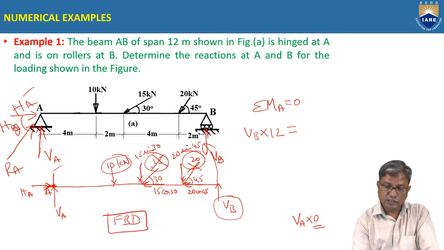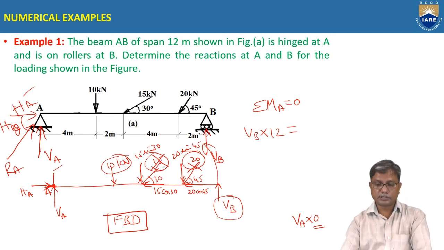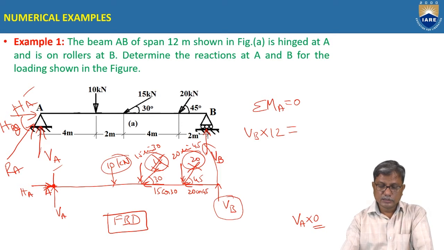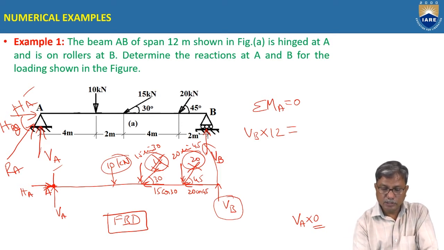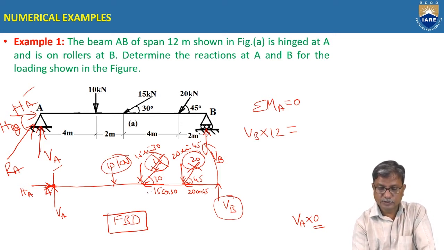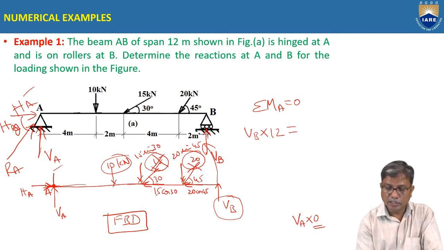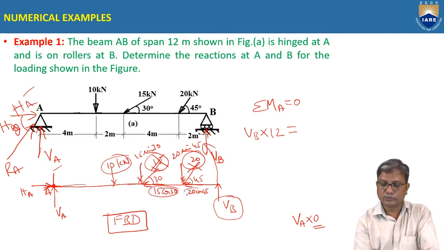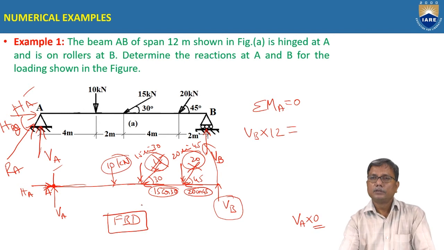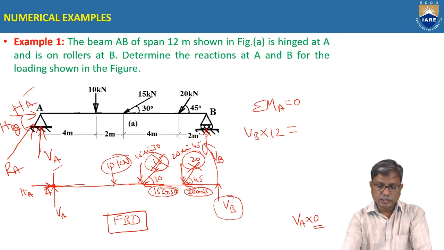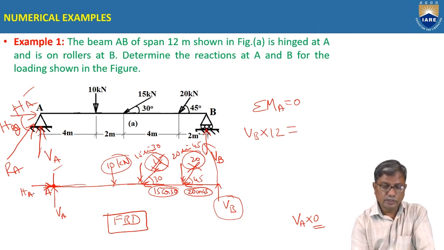So we can replace a force by its components. Now these horizontal components, which are along the axis, have their line of action passing through A. So the moment of these forces about A is 0. The vertical components only will produce moment about A.